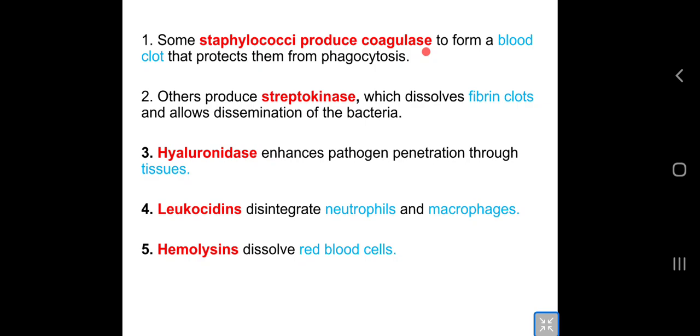Now here, when Staphylococcus causes some kind of pathologic process in our body, it is using an enzyme we call staphylokinase. If not, we call it coagulase. Coagulase and staphylokinase are the same enzymes. They are produced by Staphylococcus aureus especially.